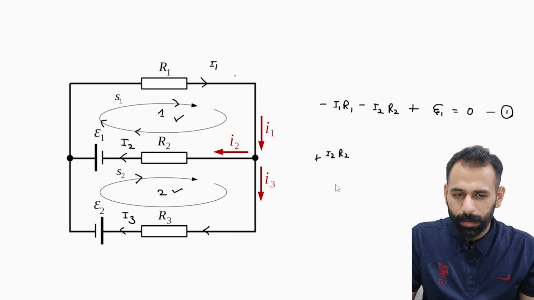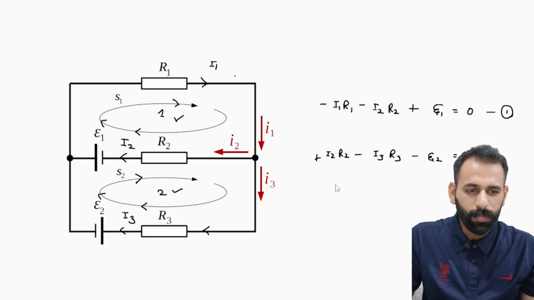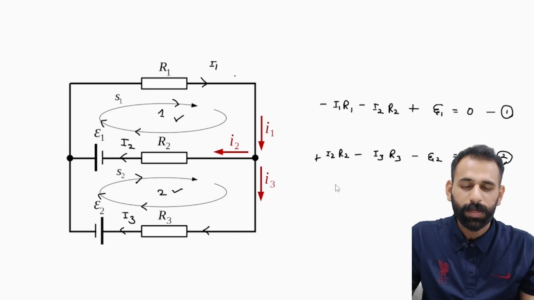Here it is in the direction of current, so it will be taken as minus I3 R3, and again it is going from positive to negative terminal, so it will be taken as minus E2. So we will get two equations and we can solve both, and correspondingly we can study this circuit.